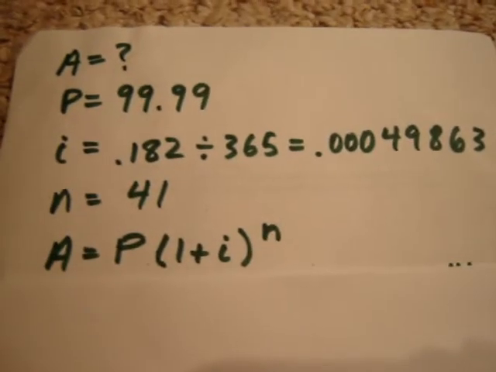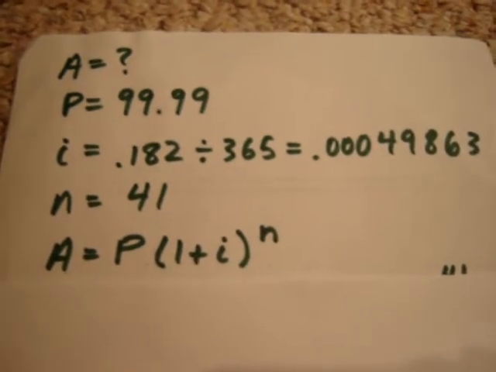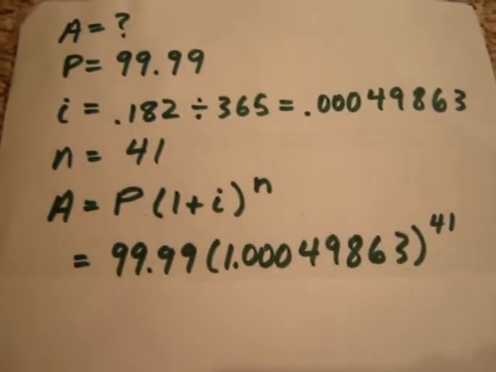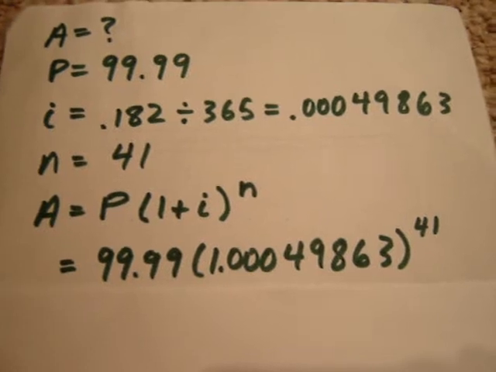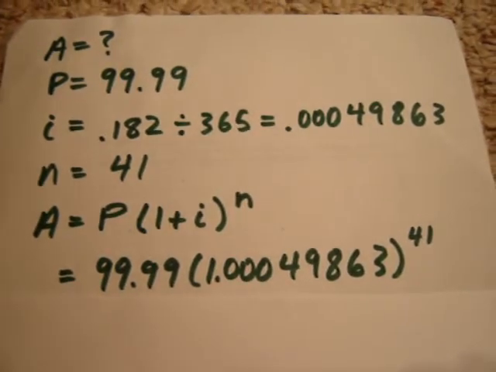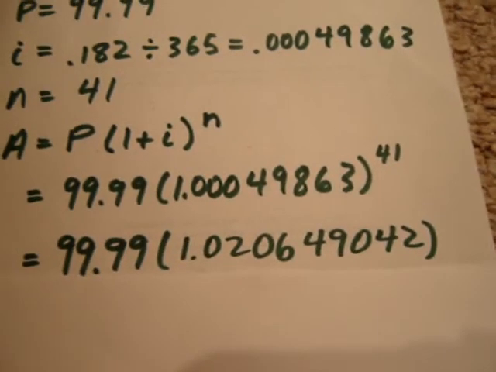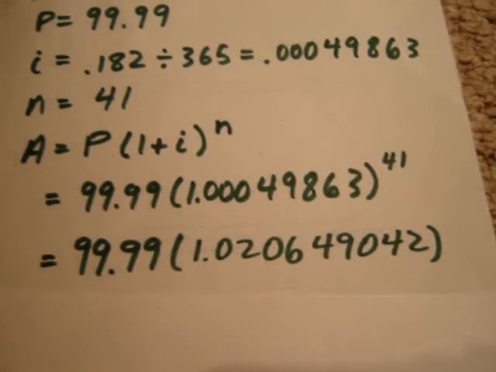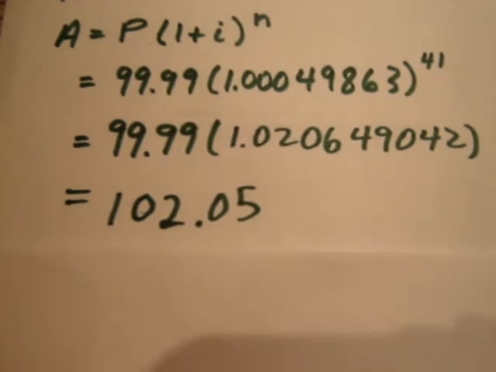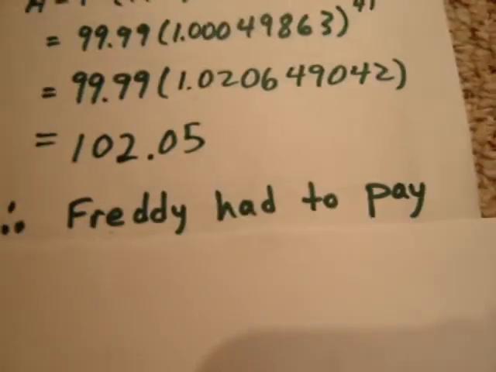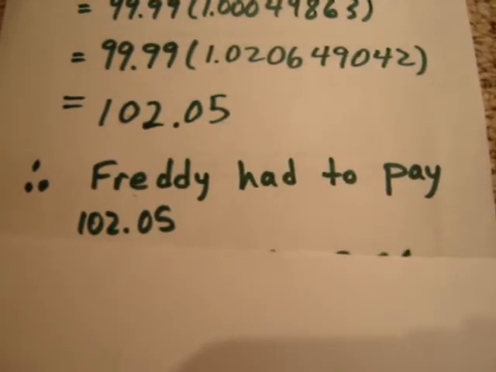So our capital letter A is P times (1 plus i) to the n, which is 99.99 times 1.000498863 raised to the exponent 41. We evaluate our exponent first, and we see that his final payment had to be $102.05. So Freddie had to pay $102.05.